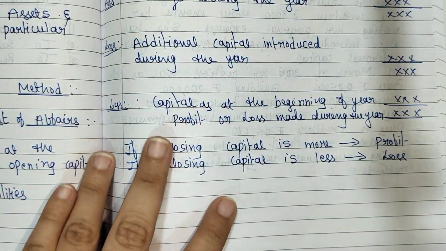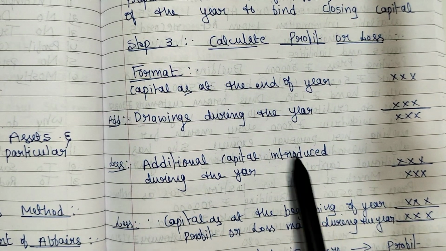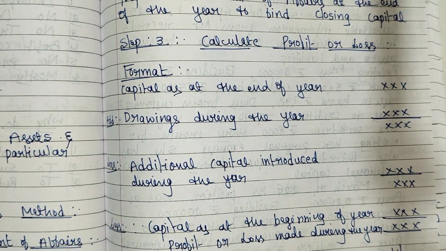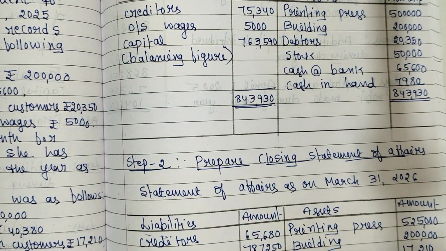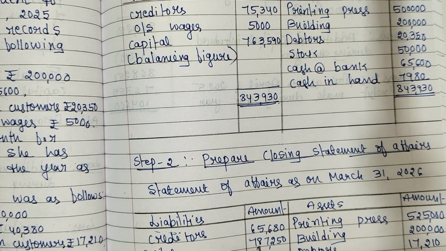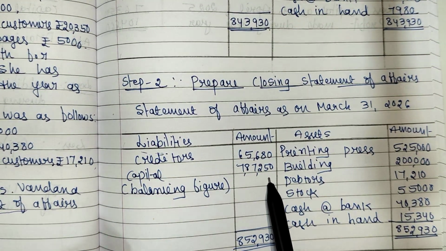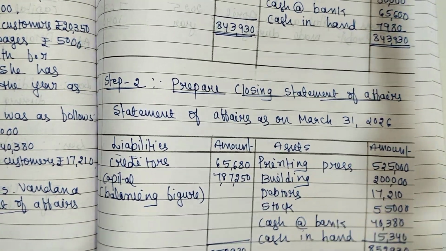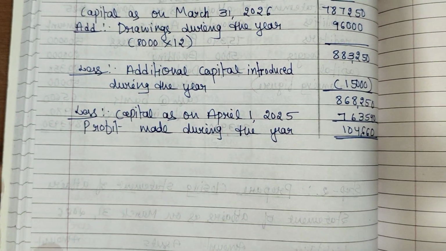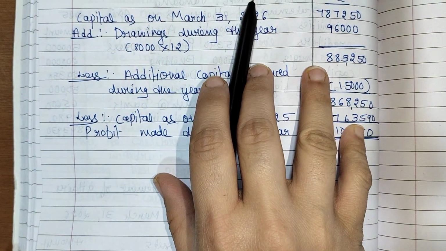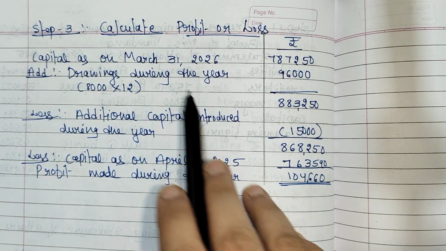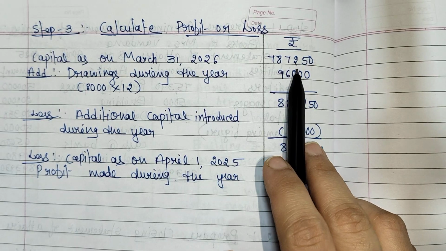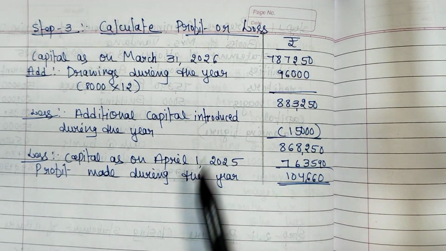Now step 3, that is the last step. We need to find out the profit or loss. First we write down the closing capital. So our closing capital is how much? 7,87,250. In step 2 we calculated, right? So write down capital as on March 31st 2026, 7,87,250.